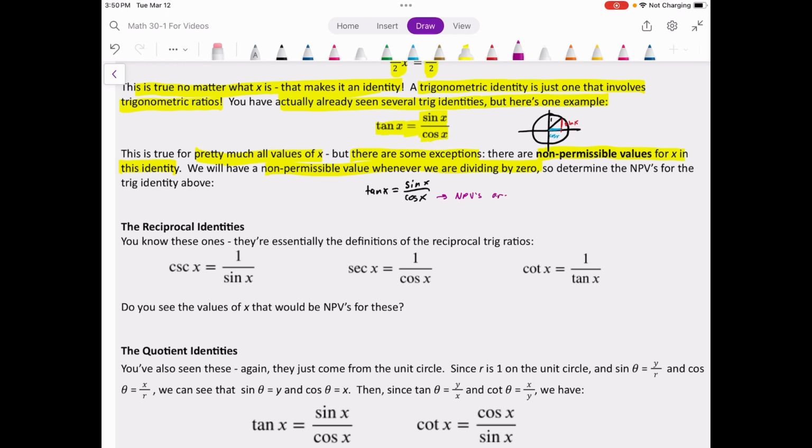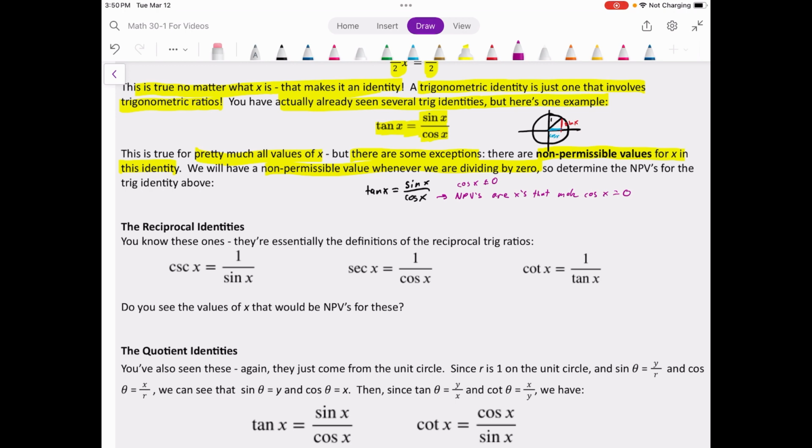NPVs are x's that make cos x equal 0, right? We're just saying cos x can't be 0 because then we'd be dividing by 0. Cos x cannot equal 0. So that just turns this question into, well, what values of x make cos x equal 0, right?